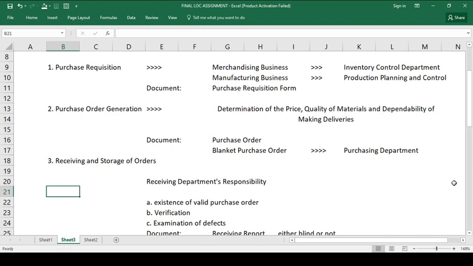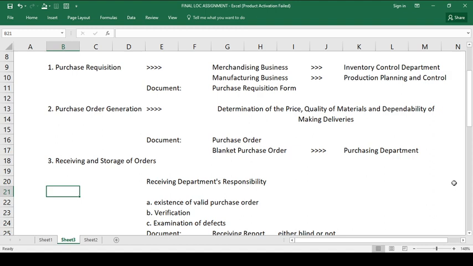Another responsibility of the receiving department is to examine defects. Examination of defects. Okay, it is not only to verify and check if there is an existing valid purchase order. It is also the responsibility of the receiving department to examine if the particular inventory being acquired is free from any defects.